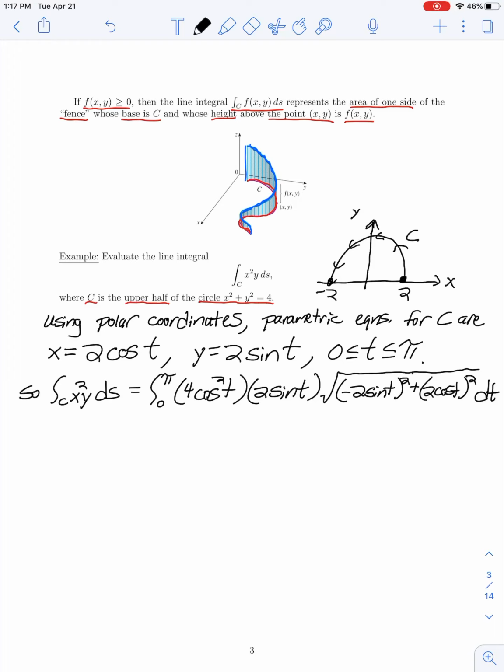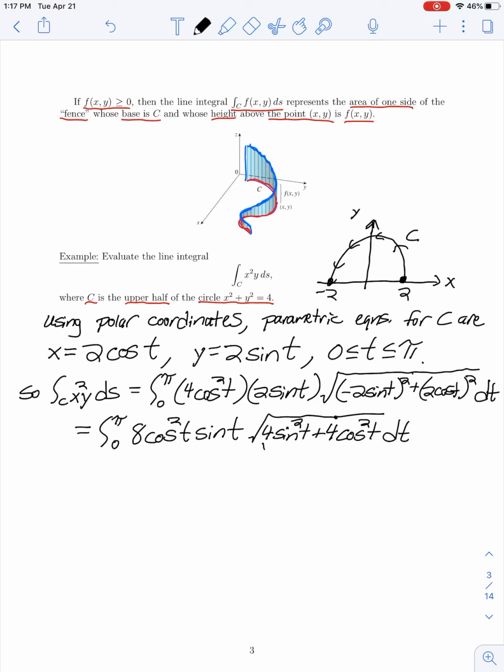So let's see what we get here. We have the integral from 0 to pi of, multiplying my first two terms, a constant of 8 times cosine squared t times sine of t. And then we have the square root of, if we expand this, squaring our first term gives us 4 sine squared t, plus squaring the second term, we have 4 cosine squared t.